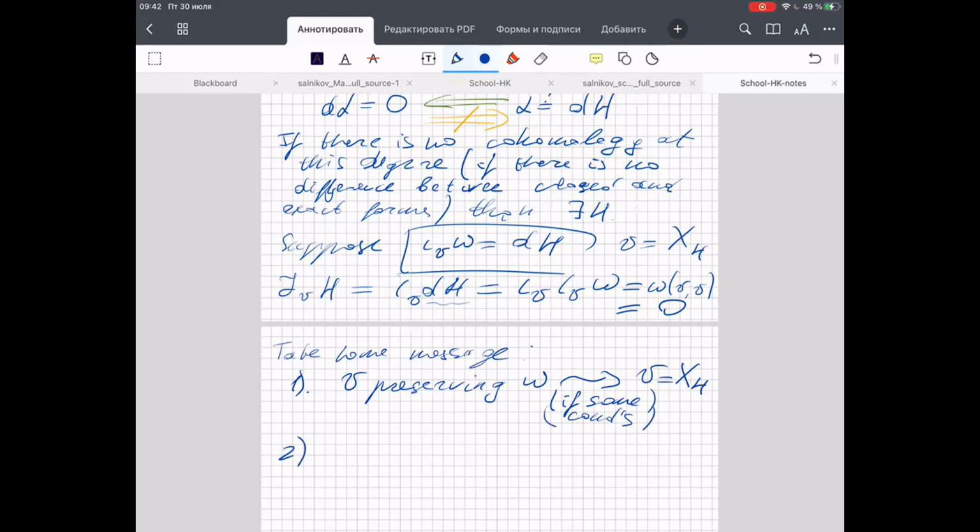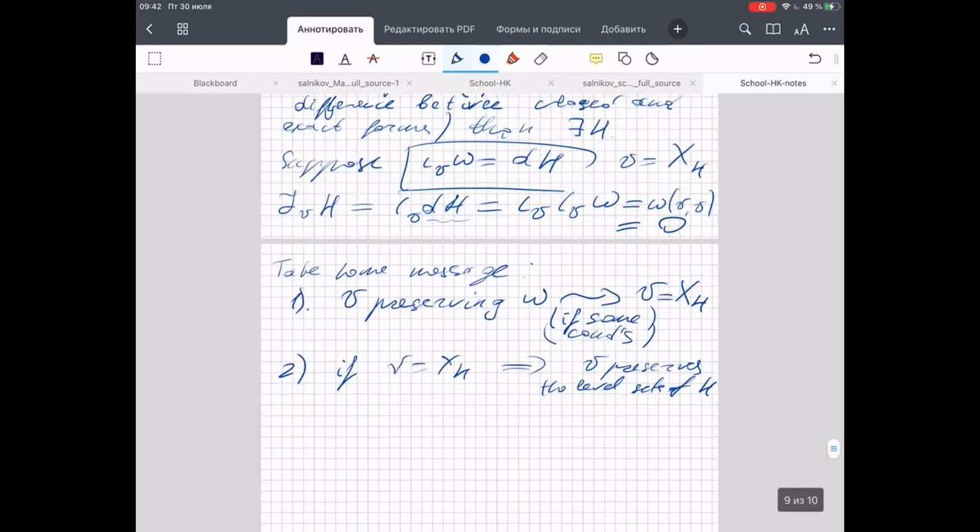Now, if V is Hamiltonian like this, then necessarily V preserves the level sets of H. Okay.